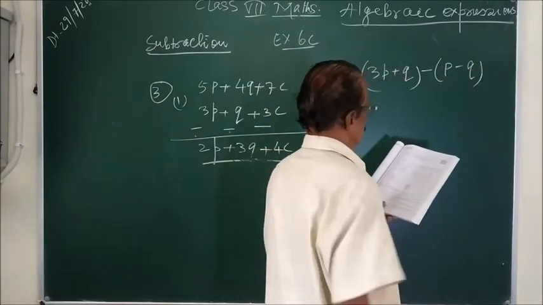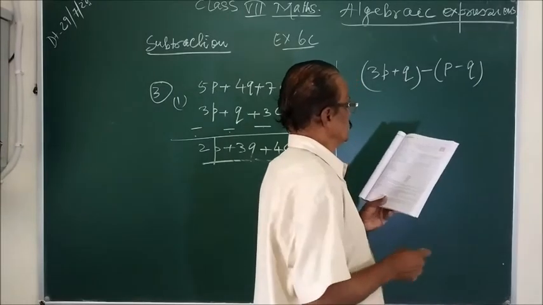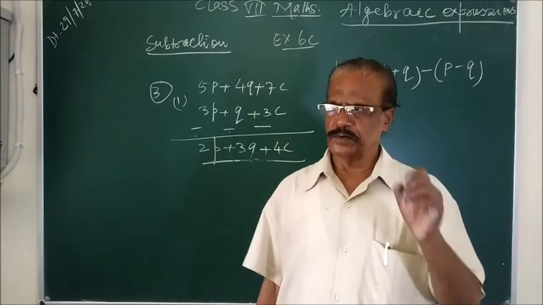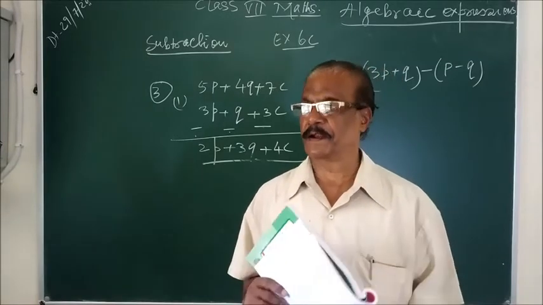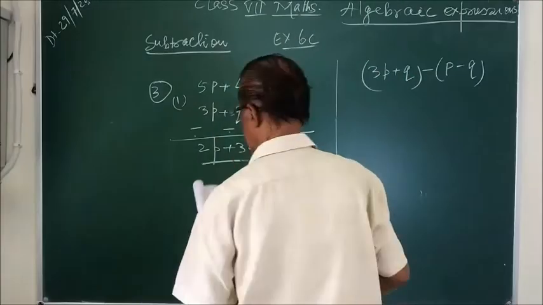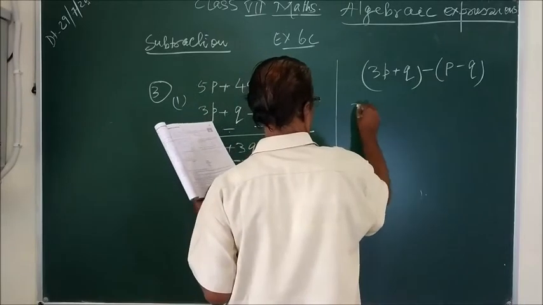Four alternatives are given. Now you have to choose. Choose means you have to solve. You solve, you find the answer, you try to find this answer in the given alternatives, and you can choose that answer. Now you see, if you solve, so you remove the bracket.